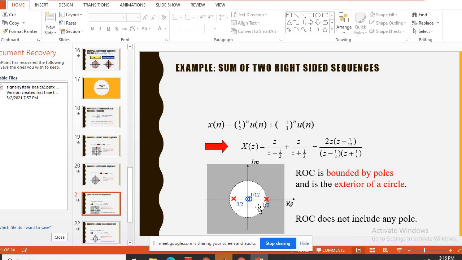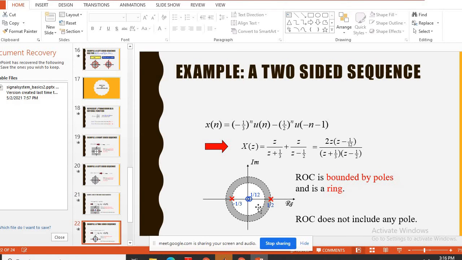Fine. See here one more. This is minus 1 by 3 raised to n u of n minus 1 by 2 raised to n u of minus n minus 1. The answer is the same. The only thing is that the boundary conditions are different. You have to show it differently.